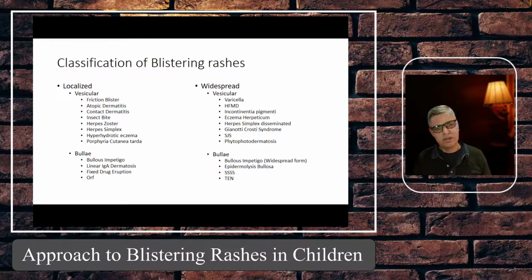Stevens-Johnson syndrome is basically erythema multiforme with mucosal involvement, where less than 10% of the body surface area is involved, and if it is more than 30%, we call it toxic epidermal necrolysis, which is quite a serious condition.